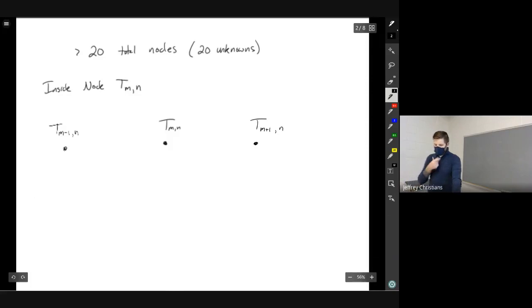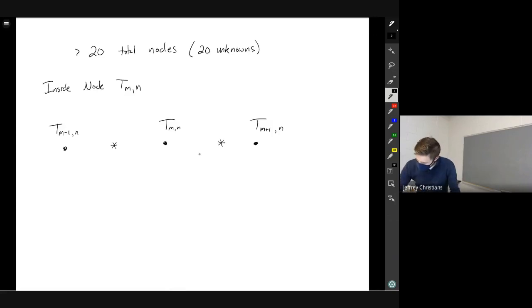What we're going to do is also consider, to get a more accurate calculation, the spots halfway in between.